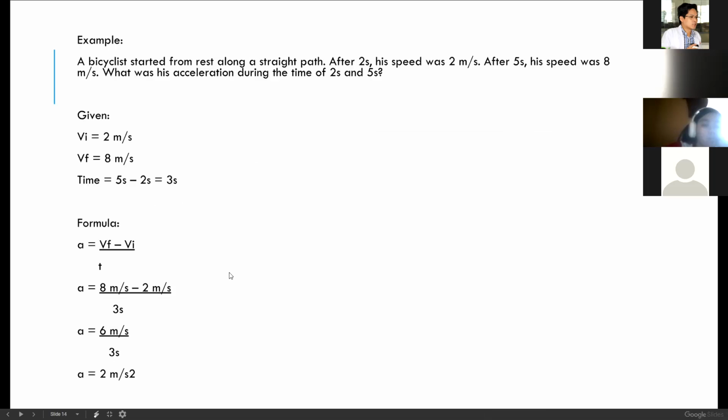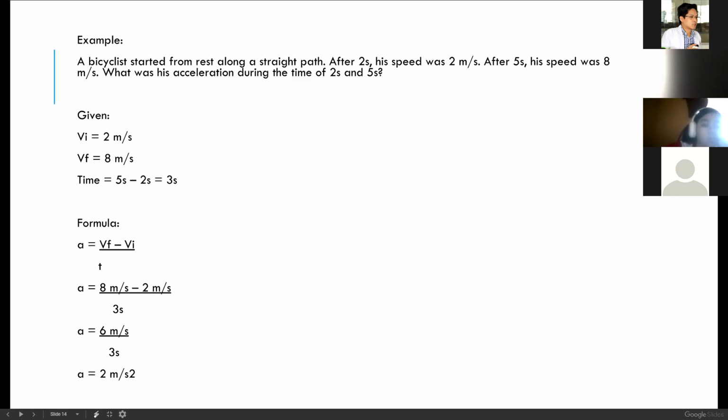Example: a bicyclist started from rest along a straight path. After 2 seconds, his speed was 2 meters per second. After 5 seconds, his speed was 8 meters per second. What was the acceleration during the time of 2 seconds and 5 seconds?